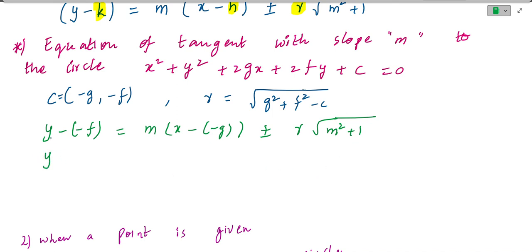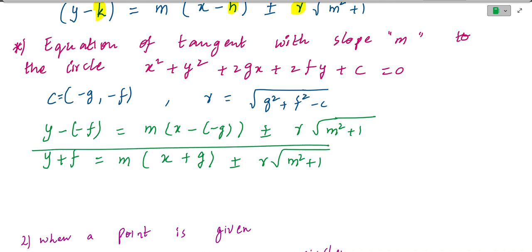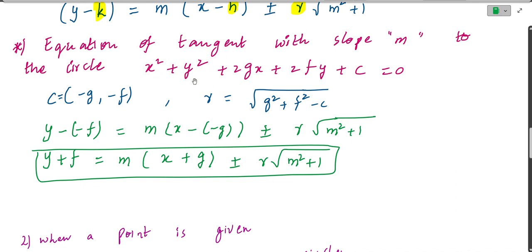Y plus f is equal to m into x minus of minus g, it will be plus g, so m into (x plus g) plus or minus r into under root of m square plus 1. So this is the equation of the tangent to the circle in the format x square plus y square plus 2gx plus 2fy plus c is equal to 0. We can remember these formulas for the equation of tangent.